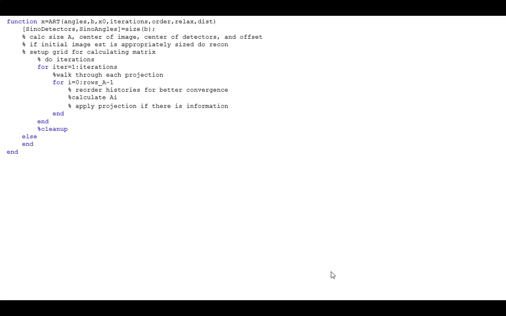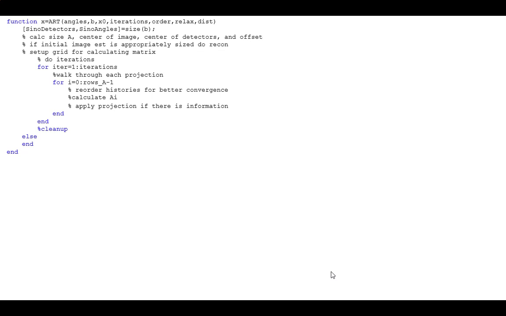I called it B instead of sinogram there. I was kind of torn on it, but B is the name we use because we do AX equals B for iterative, and sinogram is B. So I wanted you to be consciously thinking sinogram is B, maybe reordered into a vector version, but sinogram is B.